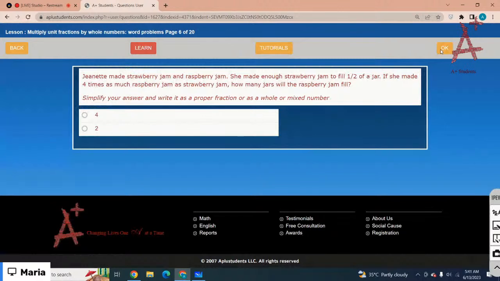Okay, Janet made strawberry jam and raspberry jam. She made enough strawberry jam to fill half of a jar. If she made 4 times as much raspberry jam as strawberry jam, how many jars will the raspberry jam fill? So which is the correct option? Do not guess the answers. You can just solve them. How?